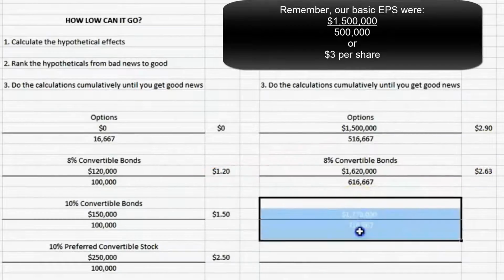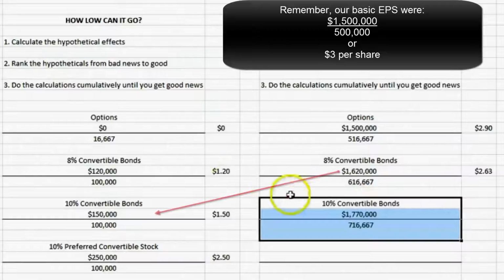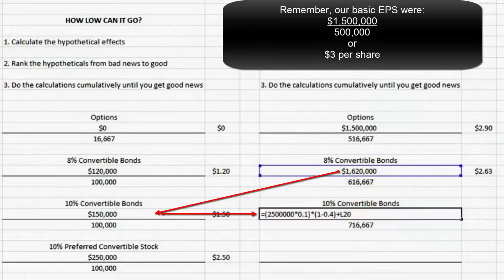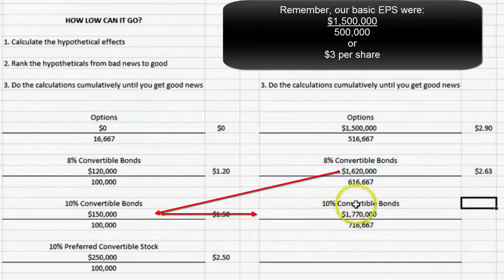Let's do the 10% convertible bonds. Same thing, cumulatively. So we're going to take this $1,620,000. We're going to add back the interest expense after tax on the 10% bonds, because if they converted those, we wouldn't have owed them that much interest. But we have to take into account the fact that interest is tax deductible. So we end up with $1,770,000 in the numerator.